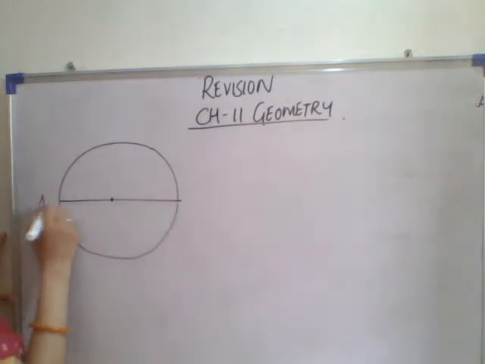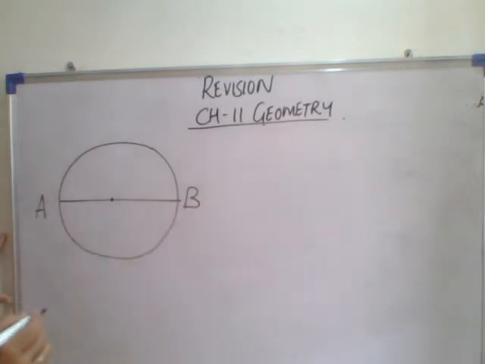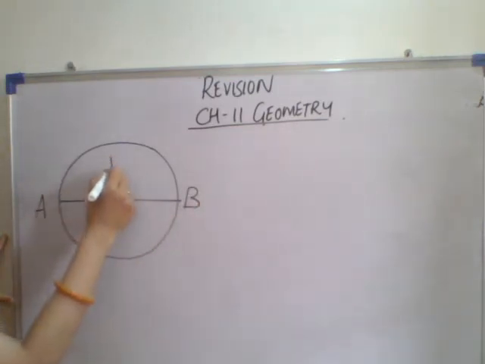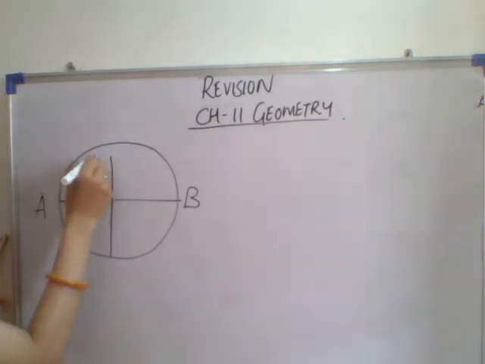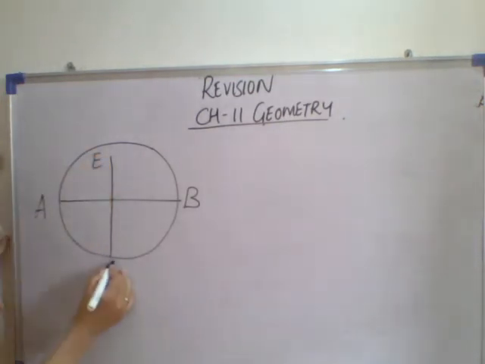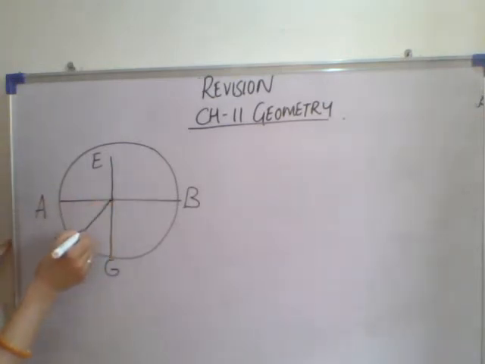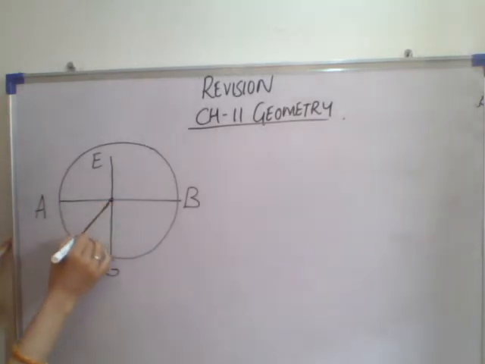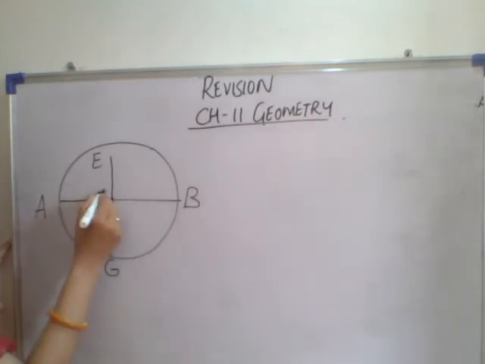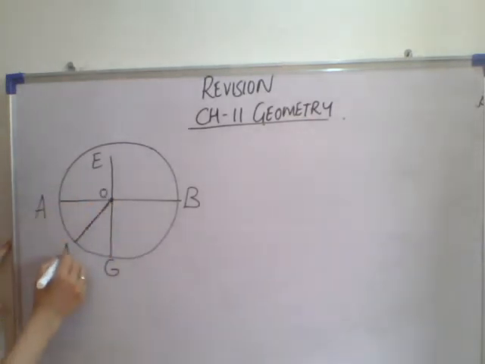Let us name it A and B. Then again I am drawing a line and naming it E and G. I am drawing another line. This line we can say is the radius, because one end lies at the circumference and the other at the center. The center we can name as O and this is A.